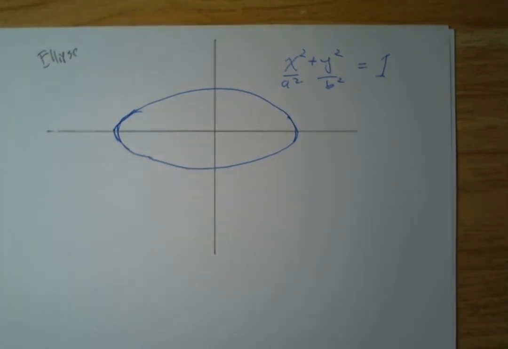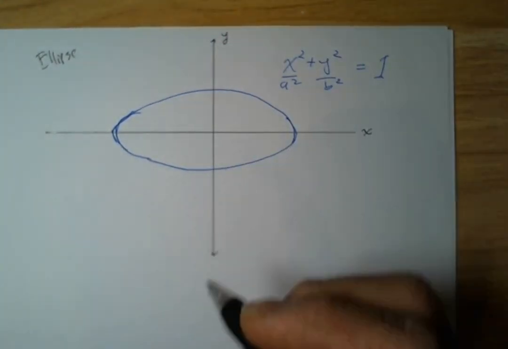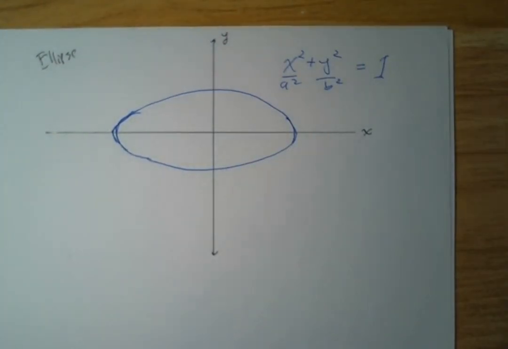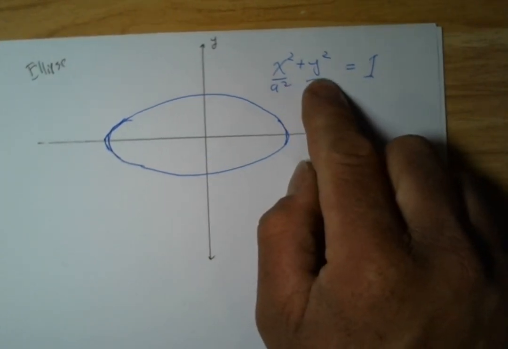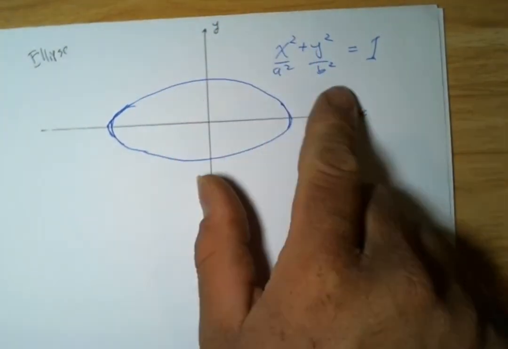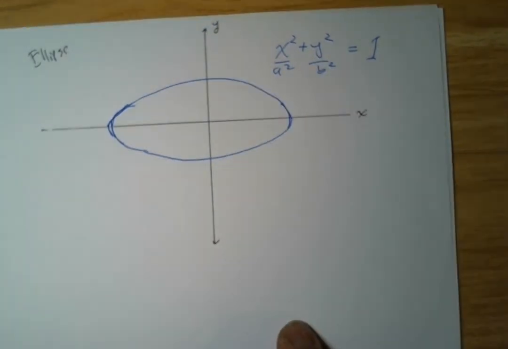In our x and y axes, let me label x and y. The equation of the ellipse is x squared over a squared plus y squared over b squared is equal to 1.